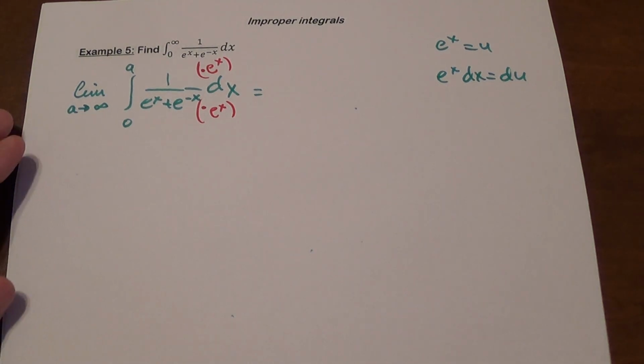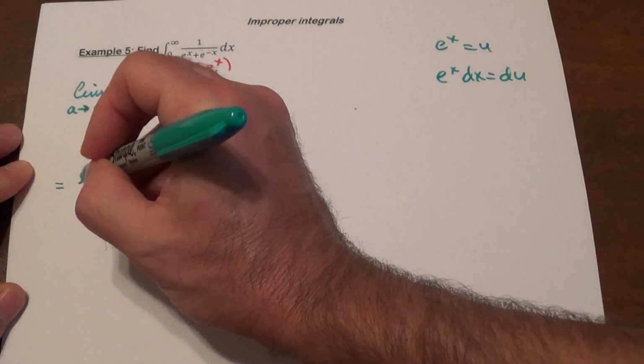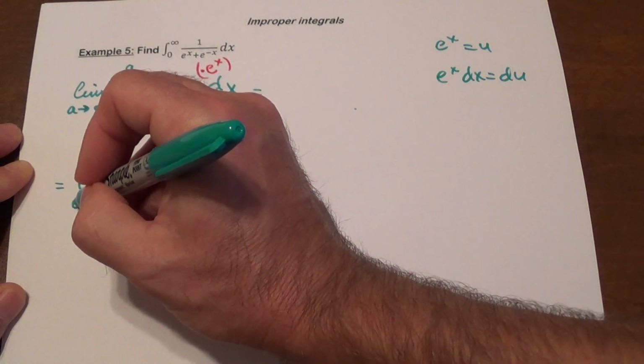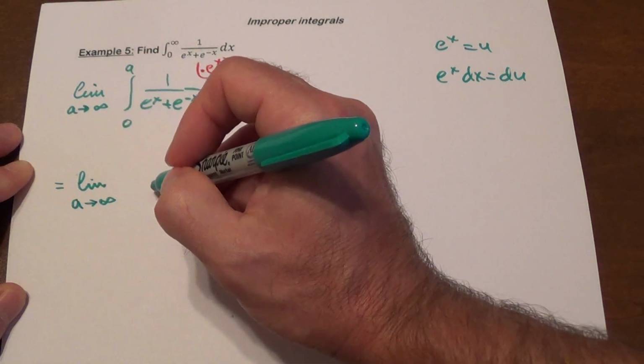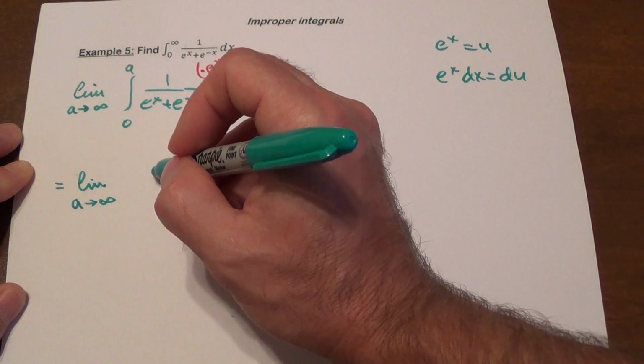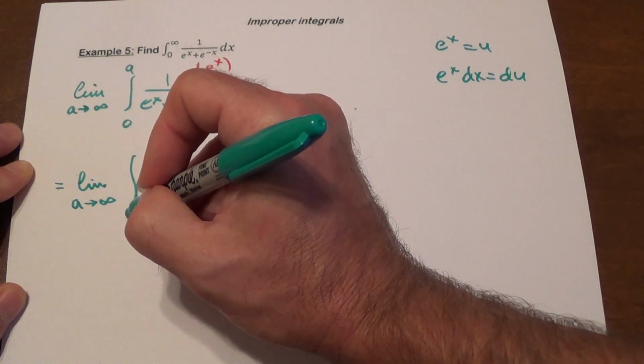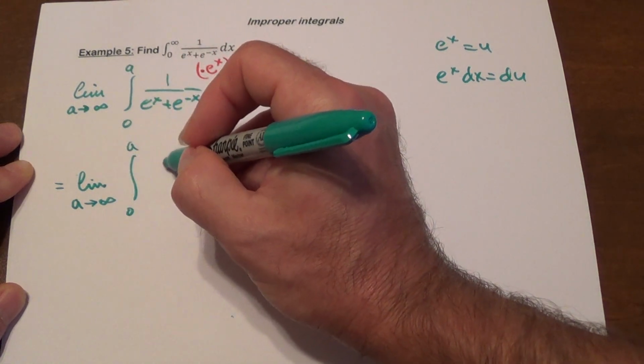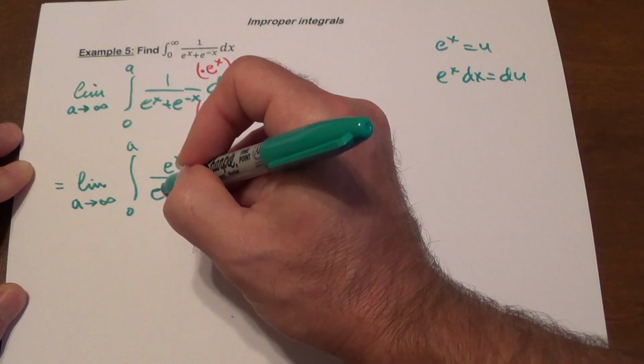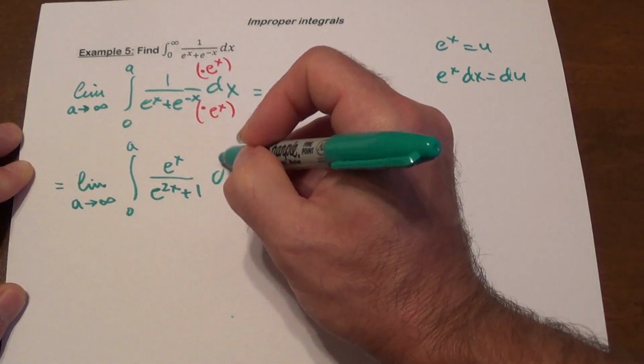It's just one of the methods we can use here for integrating. So we end up getting the integral from 0 to a of e to the x divided by e to the power 2x plus 1 dx.